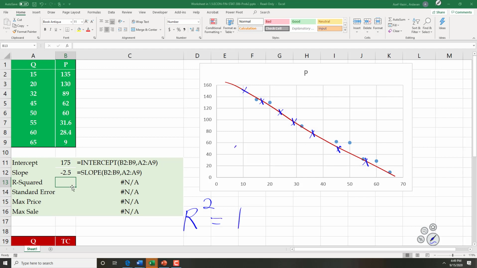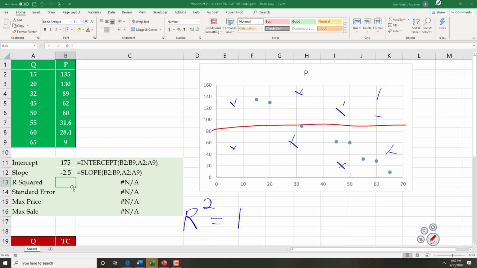If they would have been like this, such that there is no reasonable relationship between x and y, in that case, R square would have been something close to 0. We like R square close to 1.